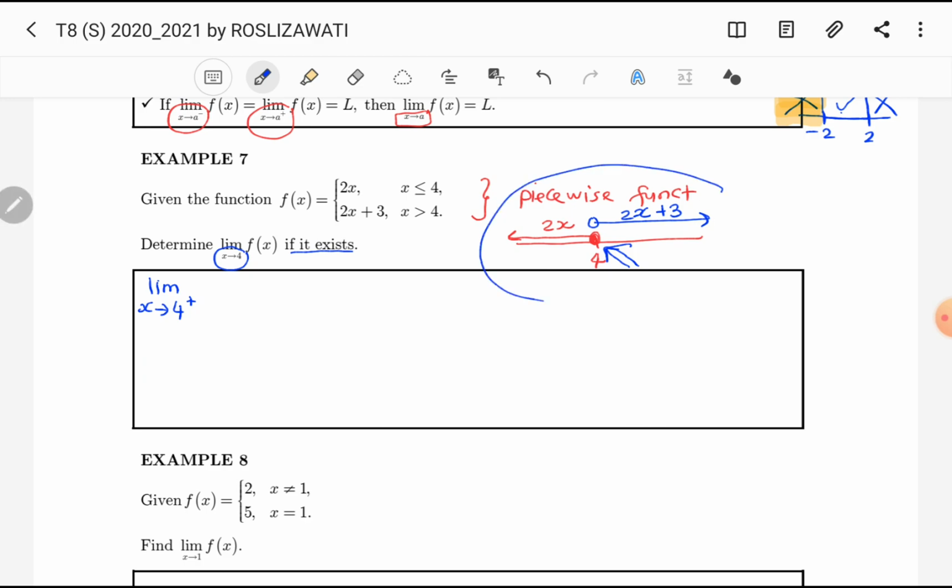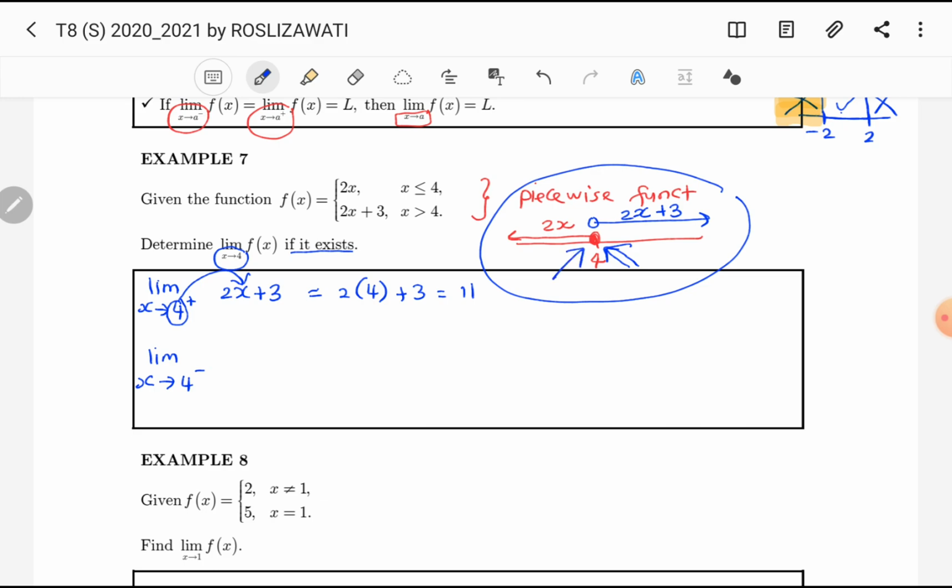Look at what I drew earlier. We will use 2x plus 3, substitute 4 in. We will get 2 times 4 plus 3, equal to 11.